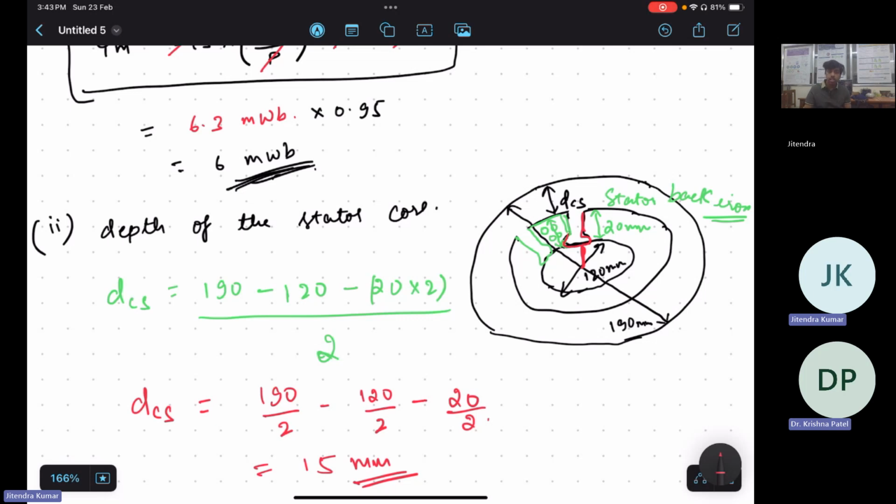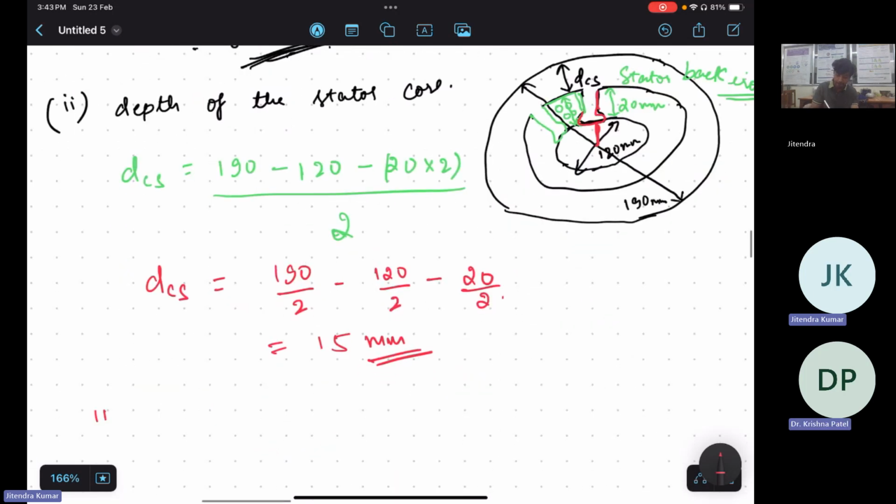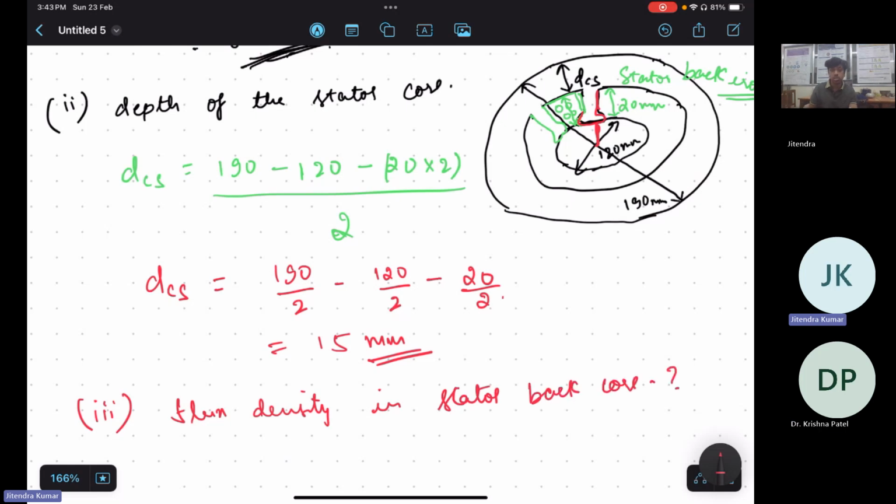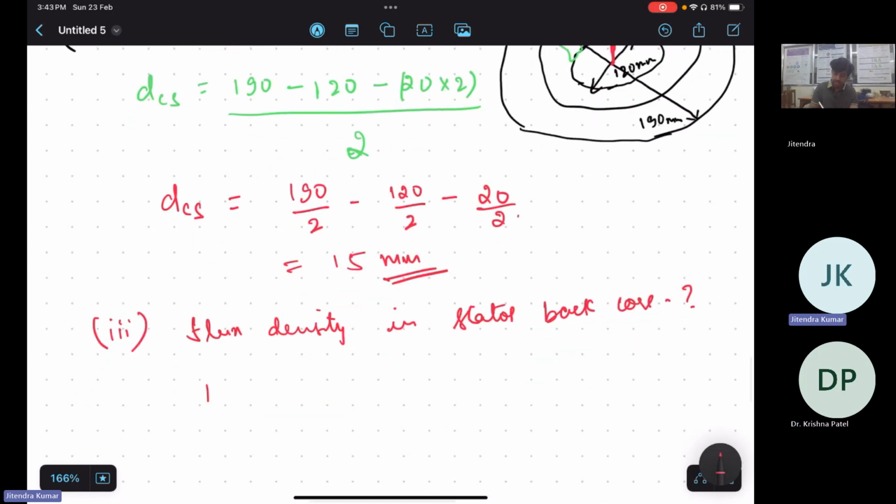Now the final part is how much will be the flux density in the stator back iron. For that also one equation is there. The flux density in the stator back core is equal to how much flux is going through the air gap, the flux per pole.